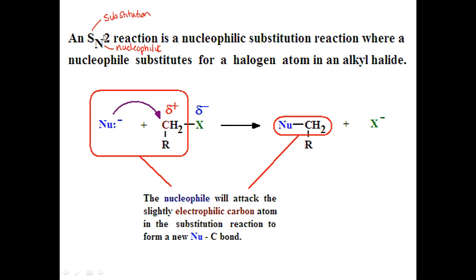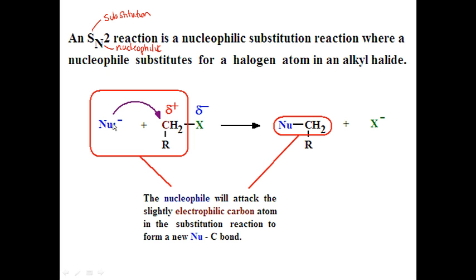So in an SN2 mechanism, what happens is that the nucleophile takes its pair of electrons and donates it to this carbon. And this is a nucleophile-electrophile reaction.